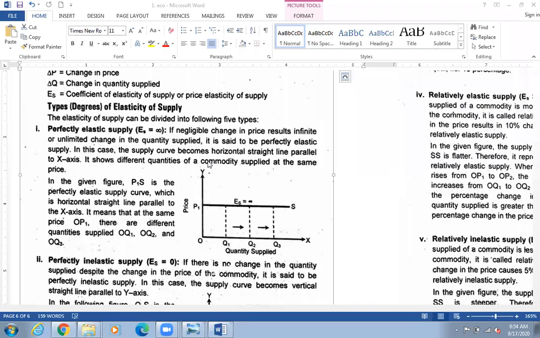You will take out all the stock of onions, because if the price falls, you won't get that price again. So you will try to sell as much as possible.